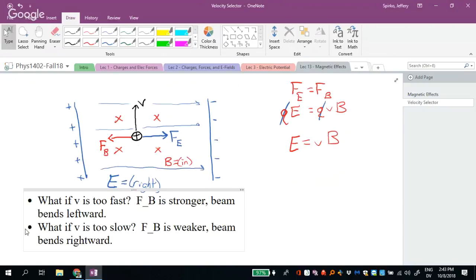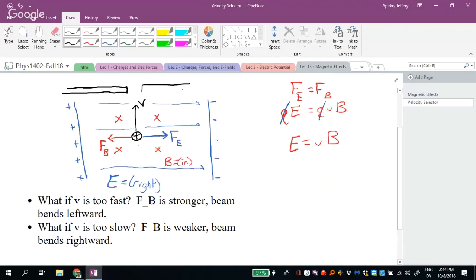So then we go up here, and we build another little wall with a hole in it. And the particles that are going too fast hit the left-hand portion of the wall. The particles that are going too slow hit the right-hand portion of the wall. And the particles that are going just the right speed go through the hole and go out the other side. And we can send them on to the next piece of equipment.